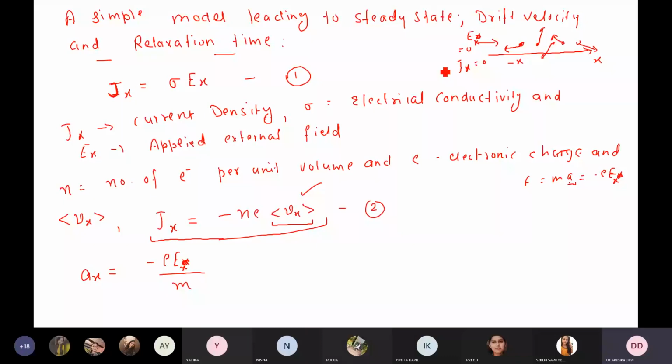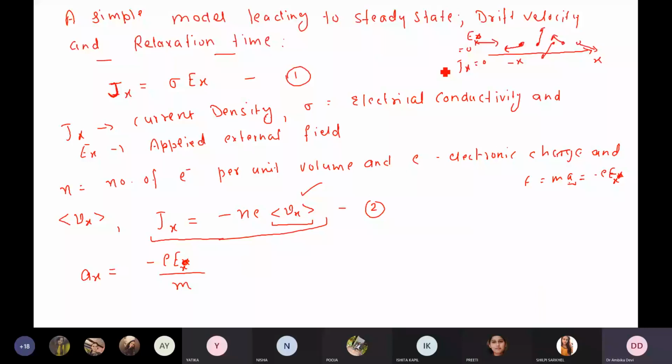So it is necessary to assume the occurrence of some kind of frictional processes. This process, together with the influence of the electric field, will then lead to an average velocity Vx, which is proportional to the applied external field. Now what is this frictional process?